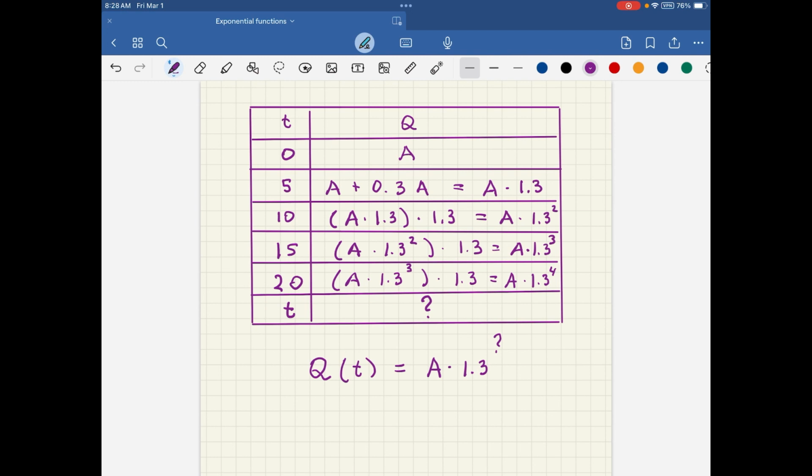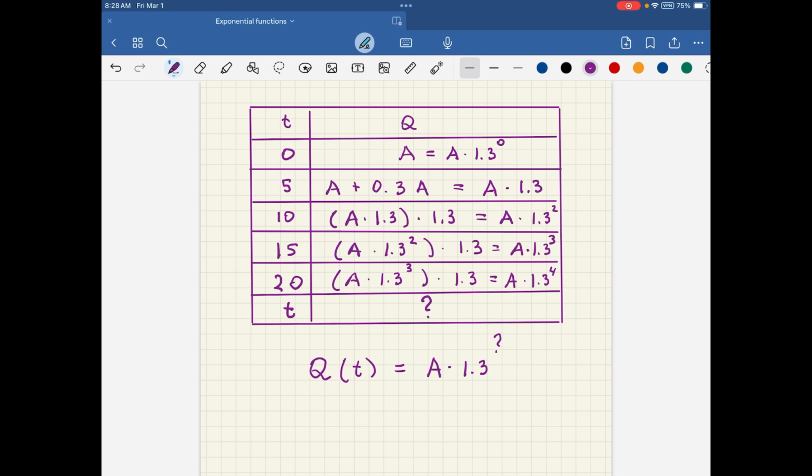When t equals 0, the Q value is just A, and we can think of this A as A times 1.3 raised to the power 0, right? Because 1.3 raised to the power 0 is 1, and A times 1 is just A.